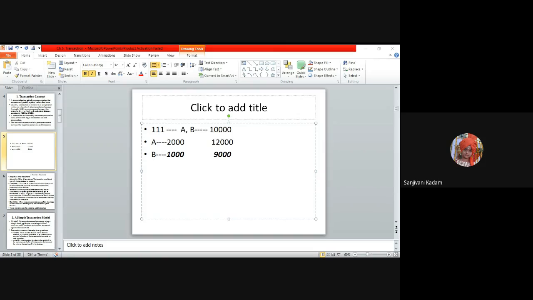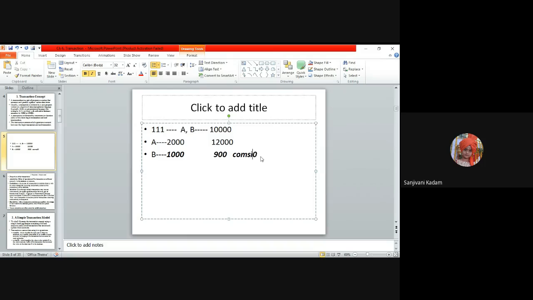Neither state is correct, because as both are accessing this database, it should always keep the database in a consistent state.